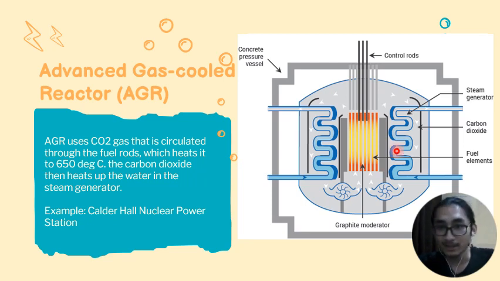The carbon dioxide is circulated in the reactor chamber, which heats it up to 650 degrees Celsius, which would then boil the water in the pipes that lead to the steam, which leads to the turbine. The water itself at that high temperature would turn to steam. An example of this type of nuclear reactor is the Calder Hall Nuclear Power Station in Britain.